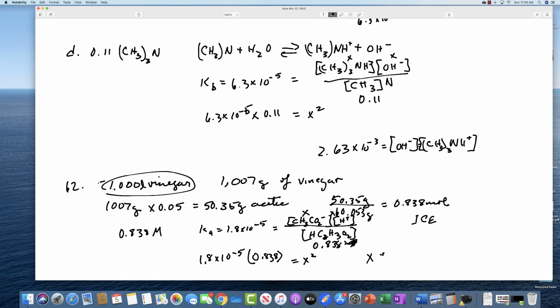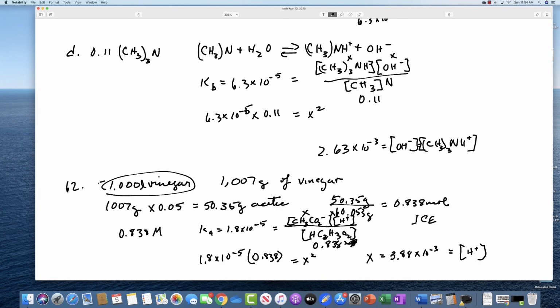So that x is going to equal 3.88 times 10 to the minus 3, which is going to equal the hydrogen ion concentration.